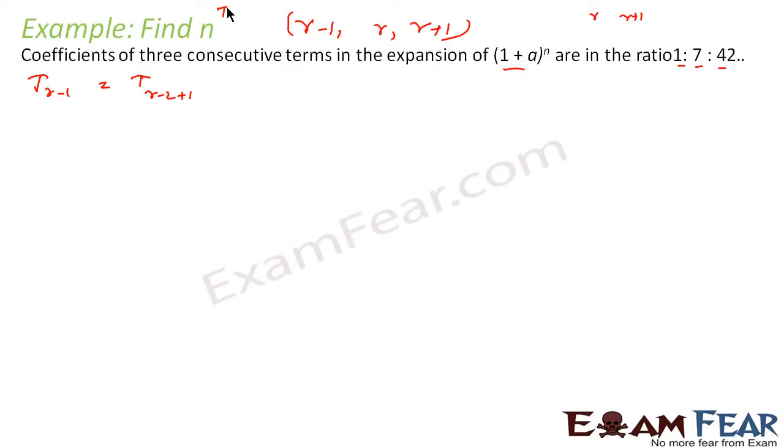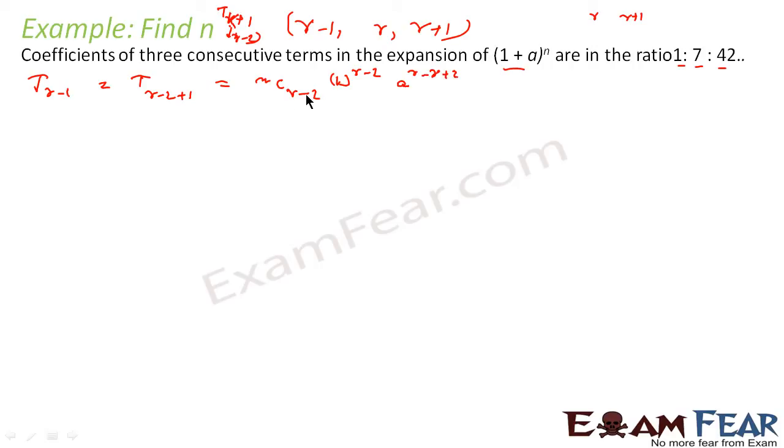Because we have the formula of t of k plus 1. So here k is r minus 2. So t of r minus 2 plus 1 is nothing but nC(r minus 2) into 1 to the power r minus 2 and a to the power r minus 2.